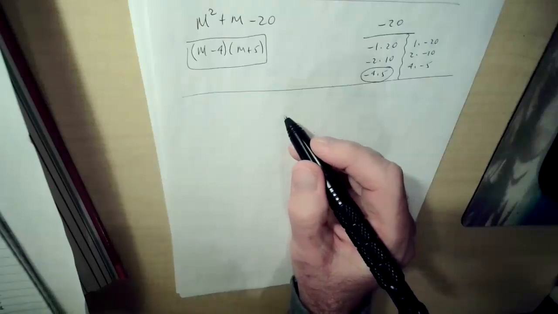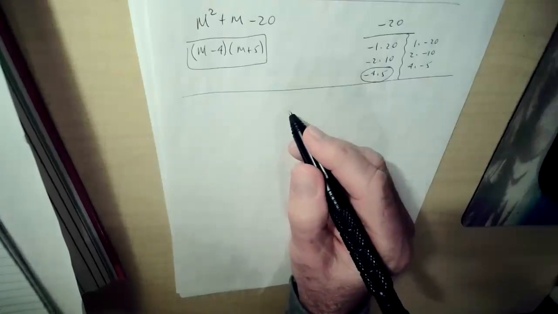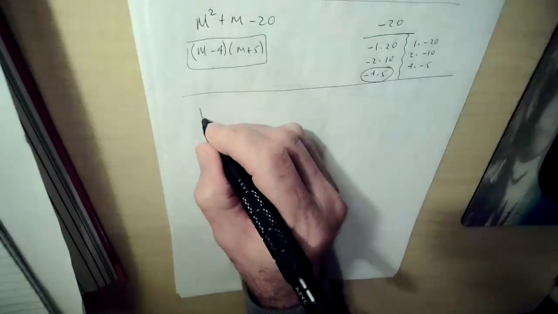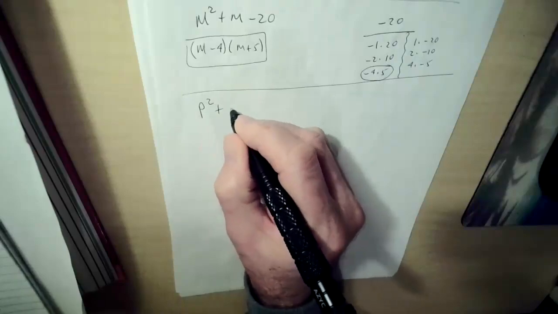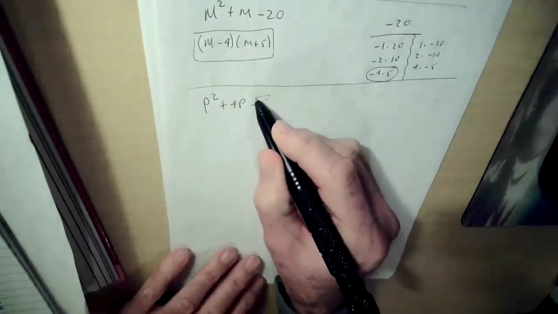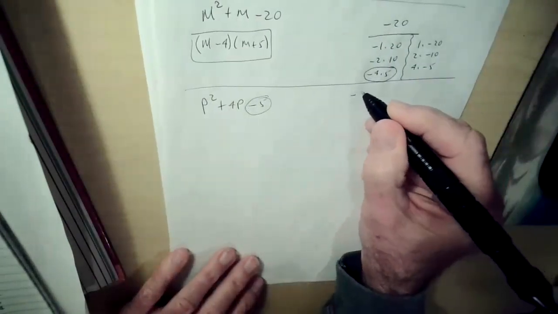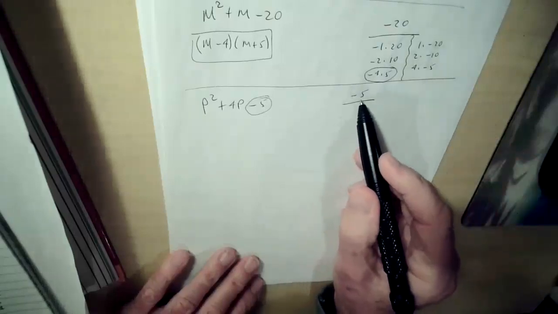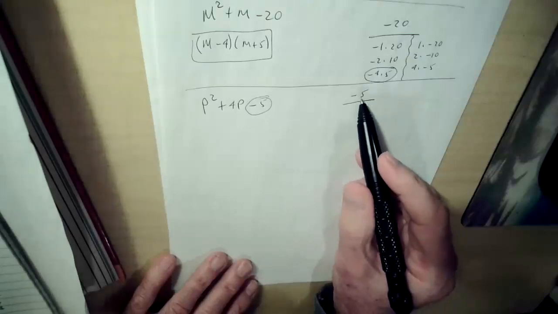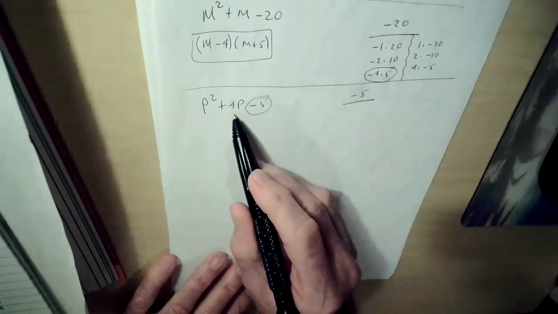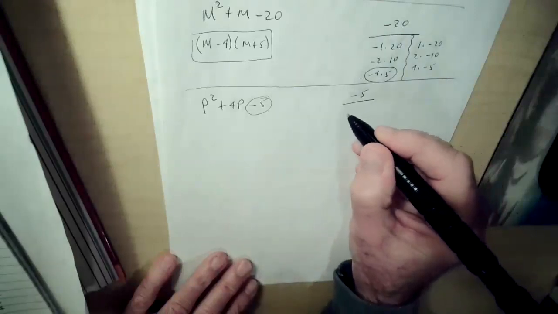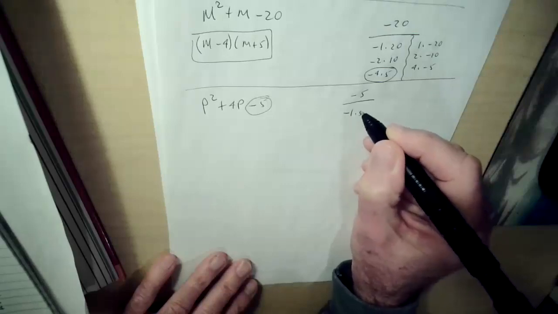That's where they get a little bit sticky, when you get these godless negative numbers in here. Let's see, how about this one? P squared plus 4p minus 5. Again, we want to take the factors of negative 5. 5 is a prime number, so it has to be 1 and 5, right?